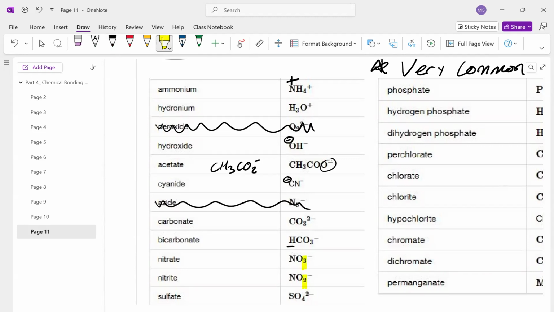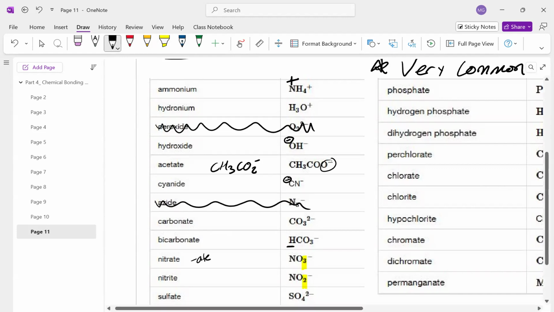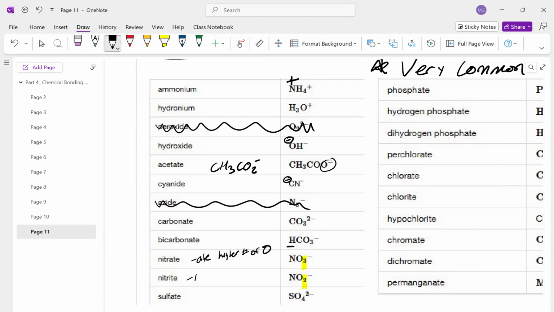Nitrate is NO3, nitrite is NO2. And I want to point this out because that highlights something important to note in terms of naming. A suffix of ATE refers to a higher number of oxygens, and ITE refers to a lower number of oxygens. They both have the same charge, just a different number of oxygens.